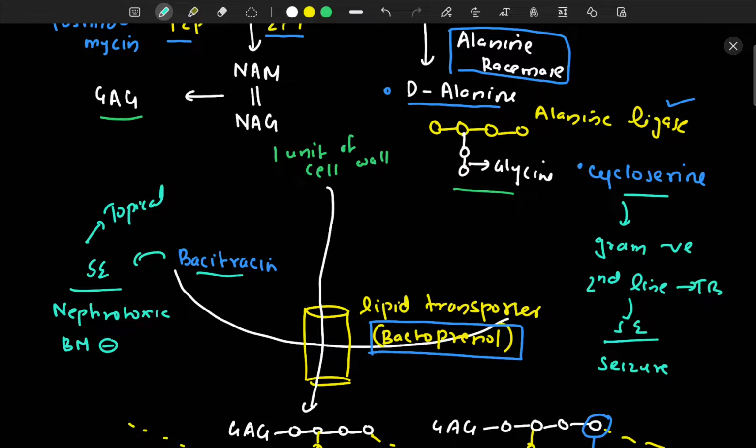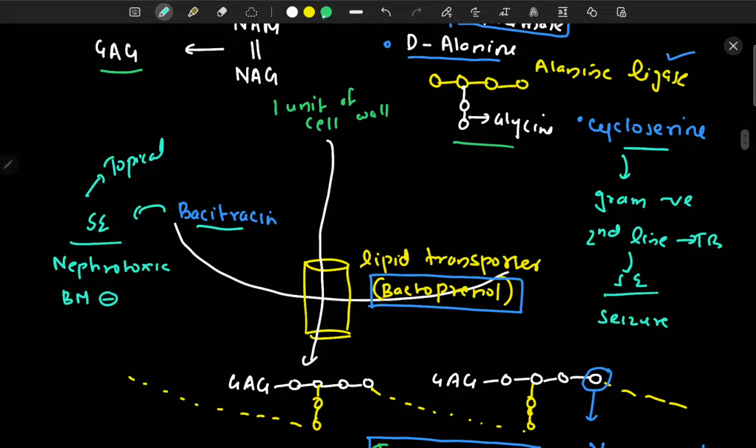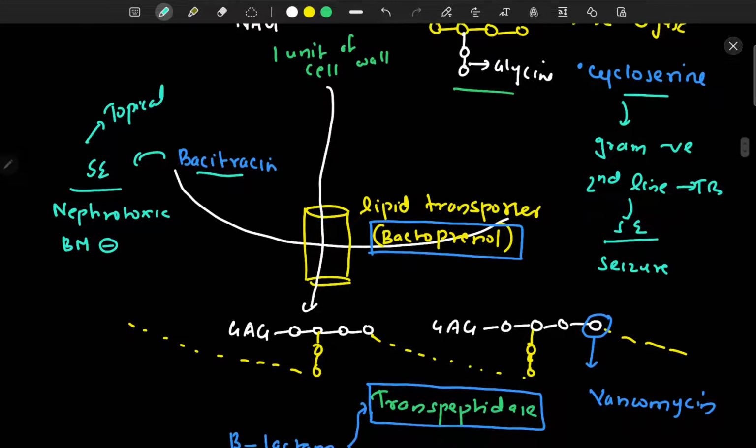It is FDA approved to treat bacterial skin infection, and staphylococcal nasal carrier. But the drug of choice for staphylococcal nasal carrier is topical mupirocin. So this is the drug of choice, but bacitracin can also be used.